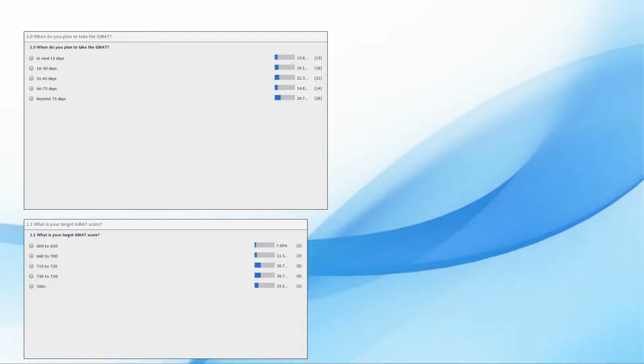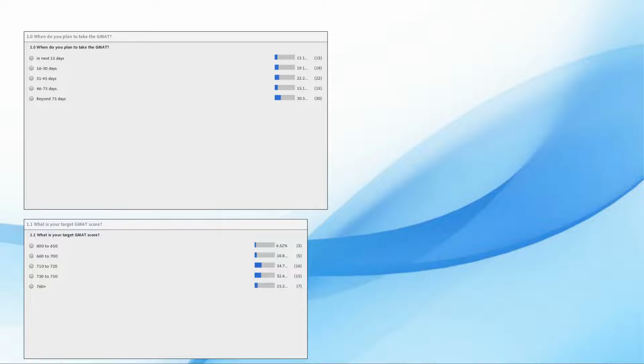In response to the first question, I have about 100 responses, and what I really see is one big group of those who have more than 75 days before their test, but other than that, fairly well distributed in each of the four groups. So we have some people who are probably towards the end of their preparation, those who have their test right away or in probably 16 to 30 days.